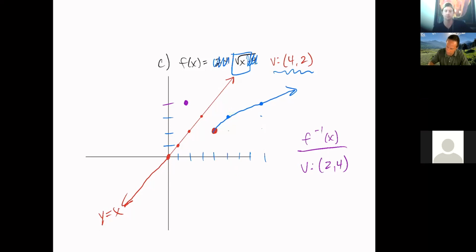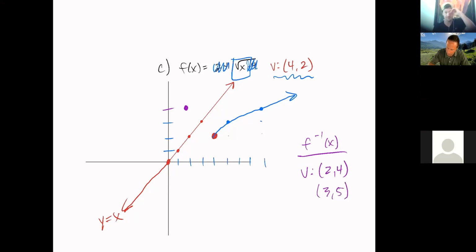So another one would be over 1, up 1. But then I'd have to go 4, 2.